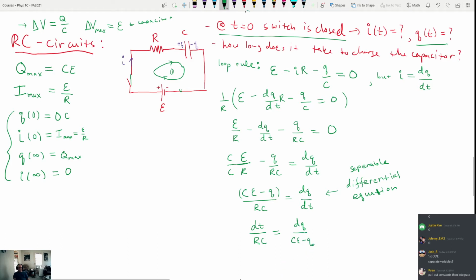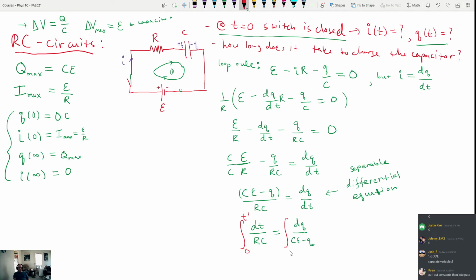And now what we can do is integrate both sides, because I have all my q's over here with the dq's. There's no t's in the equation, but if there were, I would have put all the t's over here on the left. And we're just going to integrate from time equal to 0, which is when we started, up to some time that I'm going to call t prime, some arbitrary time in the future.